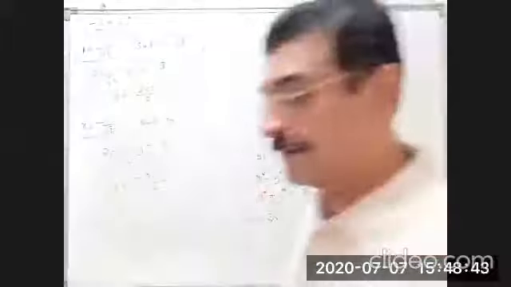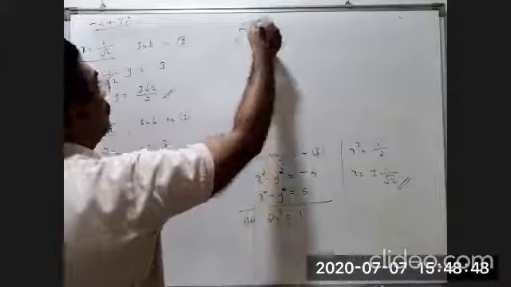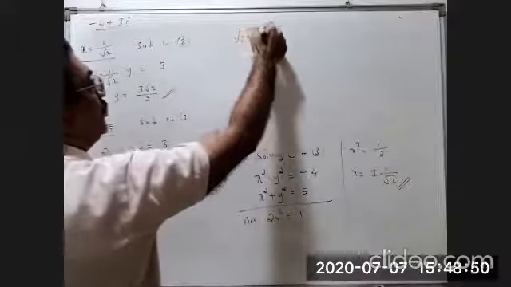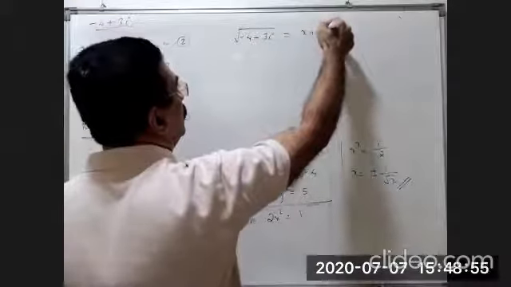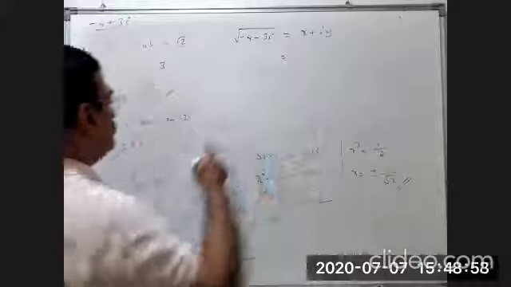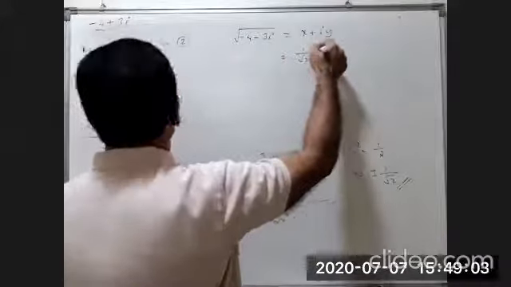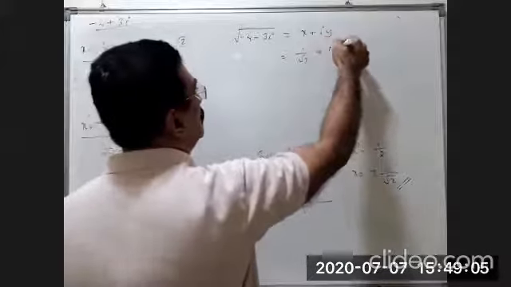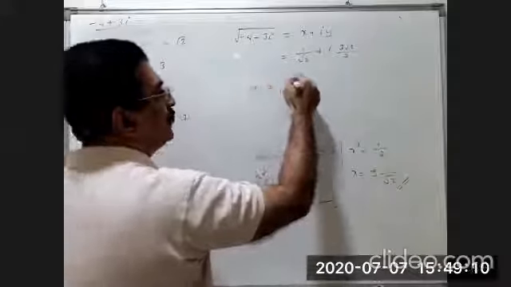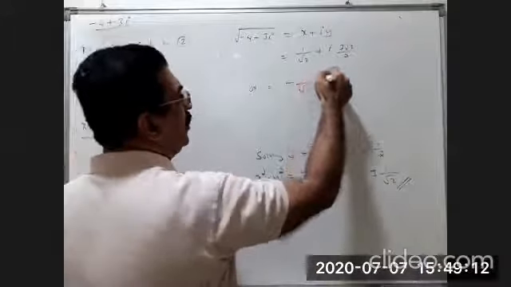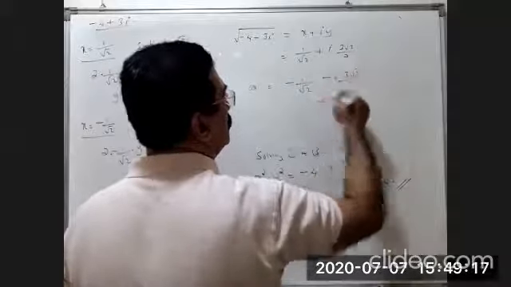Now coming to the answer. Our question was to find the root of -4 plus 3i. We wrote it as x plus iy. First value of x is 1 by root 2 plus i into 3 root 2 by 2, or the next value minus 1 by root 2 minus i into 3 root 2 by 2.